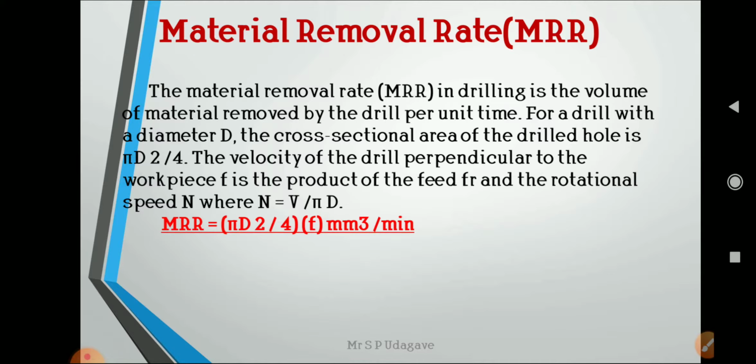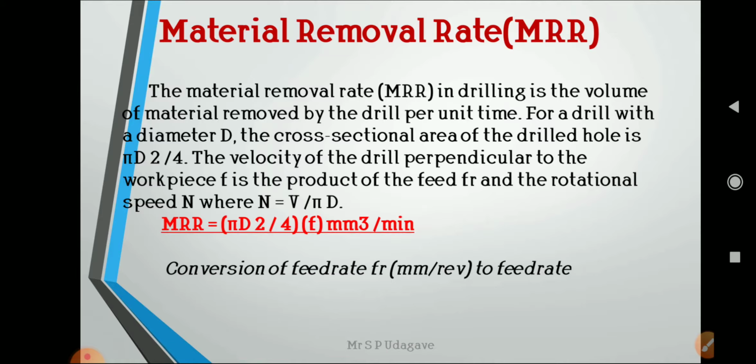The formula for MRR is pi d squared by 4 into F, with unit mm cubed per minute. Also, we can convert the feed rate from mm per revolution to feed rate per minute using the formula.